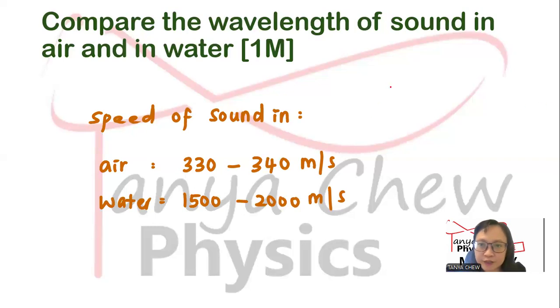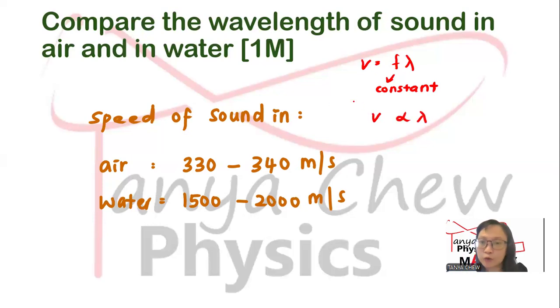Have you ever seen this equation before? v = fλ. v represents the speed of the sound, λ represents the wavelength, and f represents the frequency. Since we are talking about the same sound, the frequency of this sound is constant. So when the frequency is constant, all you need to do is compare the speed and the wavelength.